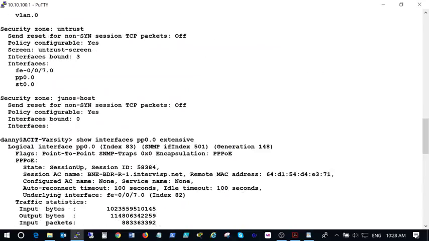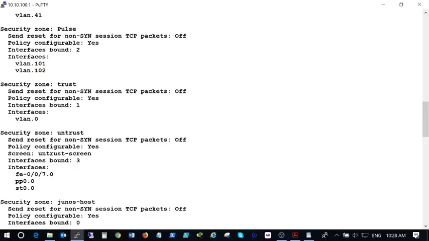So, why do you think, by the way, that that interface is sitting in the untrust zone? What might that interface be doing? Why do you think the interface pp0.0 is sitting in the untrust zone?